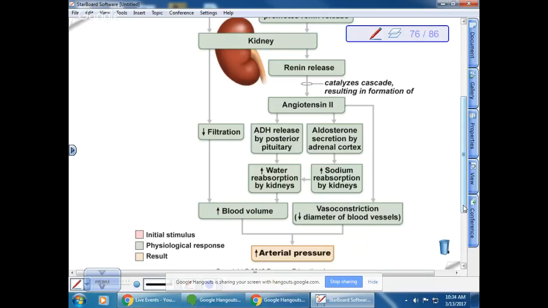So this shows sodium reabsorption by kidneys, water reabsorption by kidneys, increasing blood volume. Okay. And then also angiotensinogen causing vasoconstriction, which causes a decrease in blood vessel diameter. So sometimes they call this the renin, angiotensinogen, aldosterone mechanism, right, of blood pressure regulation. And one of your essay questions has to do with talking about that relationship between renin and blood pressure. Okay, any questions about that? No? Okay.